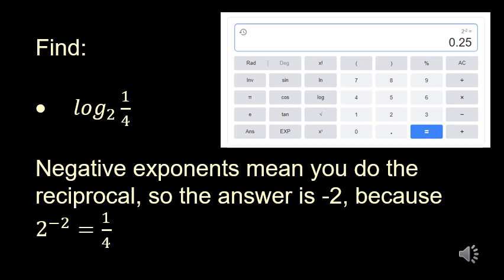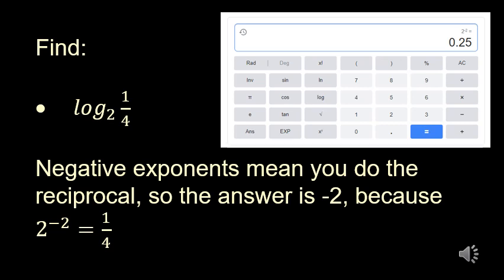And the important thing is to think back to a couple weeks ago when we first started doing the online stuff, and we told you that negative exponents always meant that you flipped things over and did the reciprocal. Here, what the answer is going to be is -2, because that would be saying flip it over and square it. And it does turn out that if you do 2 to the -2 power, you end up getting 1/4.